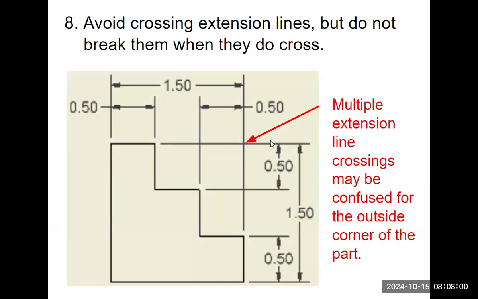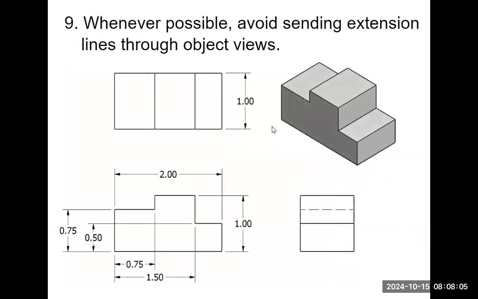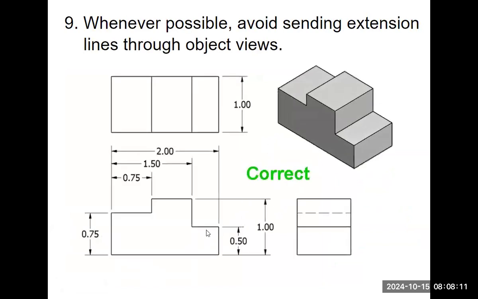Extension lines are the thin lines that go out to the arrows. We want to avoid crossing those. And whenever possible, we don't want the extension lines to go on top of the object. Okay, the object or the view, its perimeter is the object line.